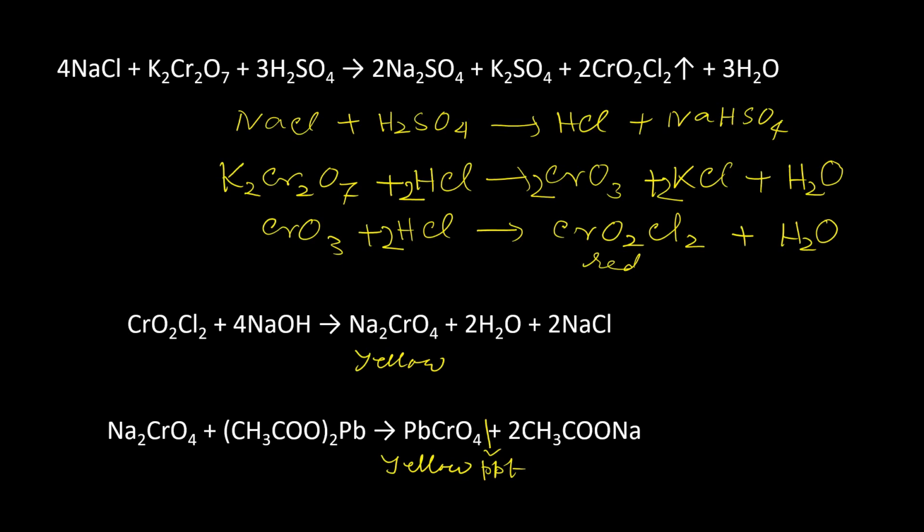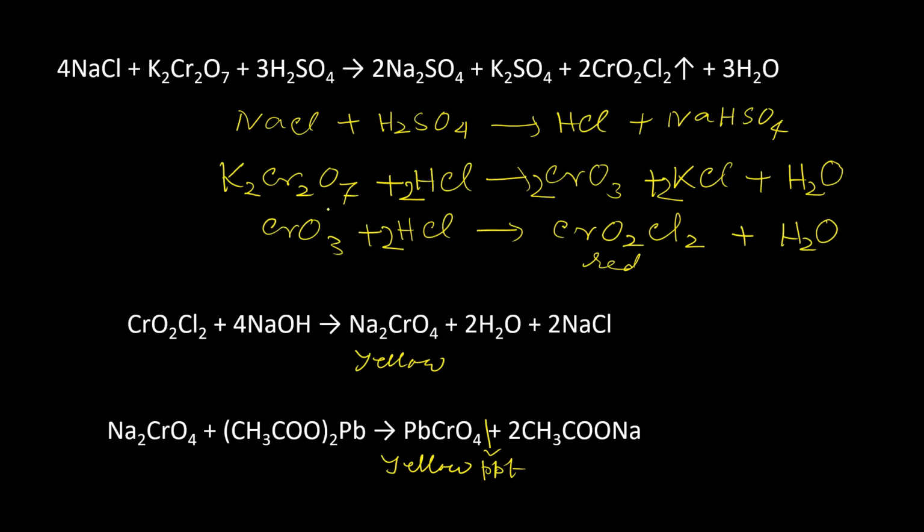Now the question comes, why does this chromyl formation occur only with the chloride, not with bromide and iodide? Because in case of bromide, hydrogen bromide will be formed. In case of iodide, hydrogen iodide will be formed. Both are reducing agents. So they will be oxidized by dichromate to corresponding bromine or iodine, right?